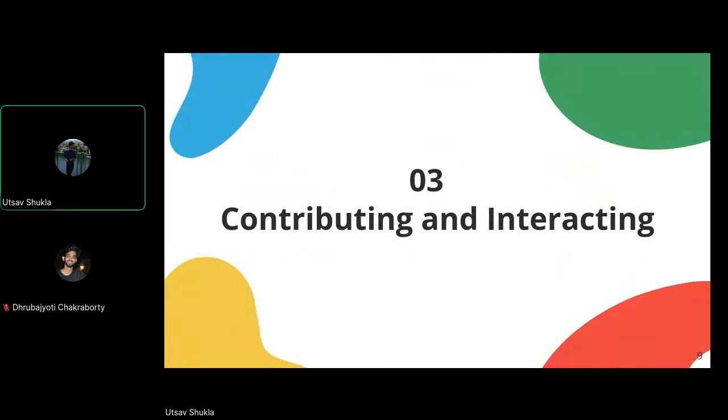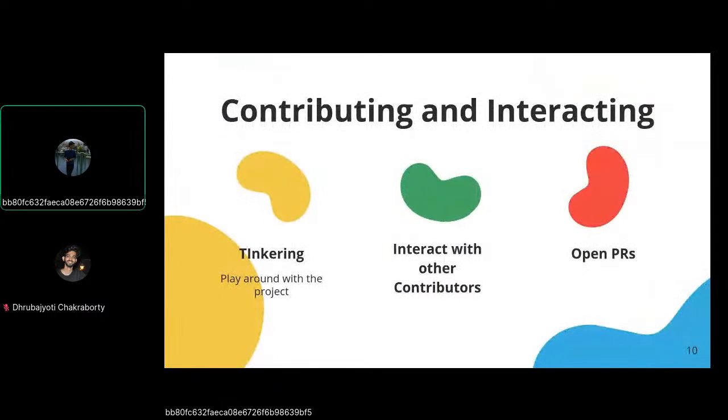Next, once you have shortlisted one or two organizations, start contributing to their project and interacting on their public channel. This can be started by tinkering. Clone the project on your local machine and play around with it.